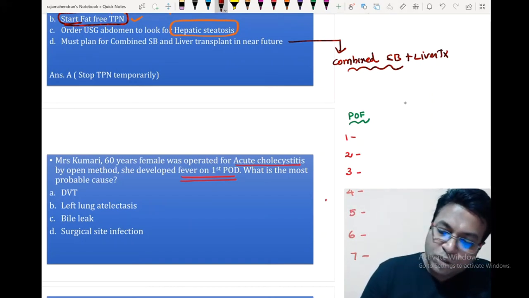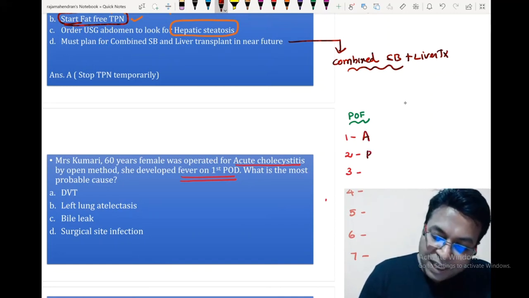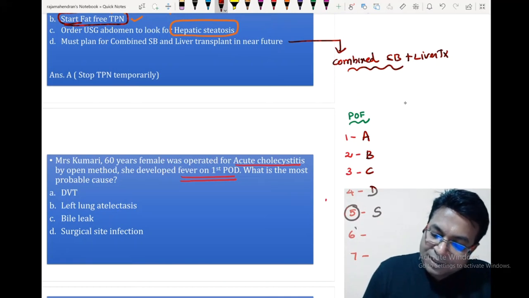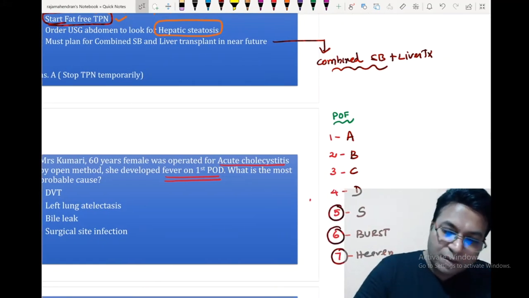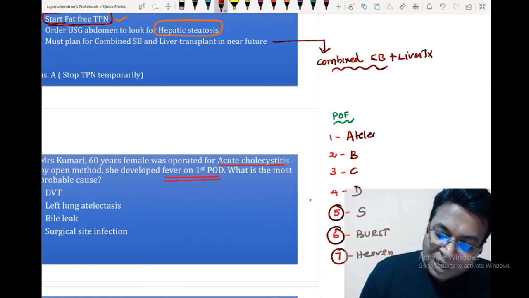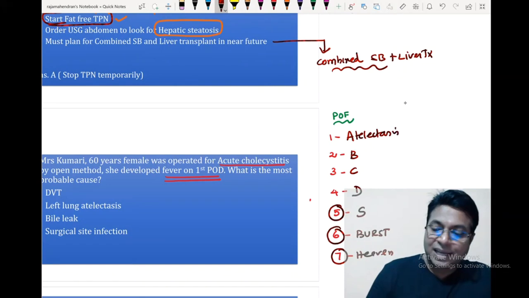So first day post-operative fever is usually due to A, B, C, D, and 5 looks like yes. 6, if you hit, you will burst, and 7 happens, you go to heaven. Remember the mnemonic. Day 1, it is atelectasis.